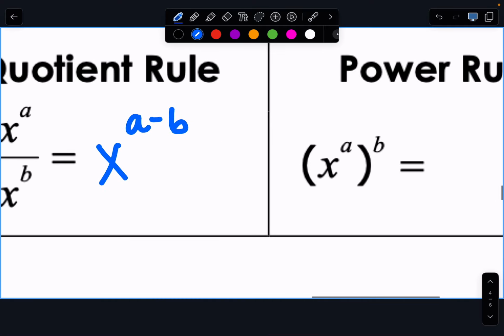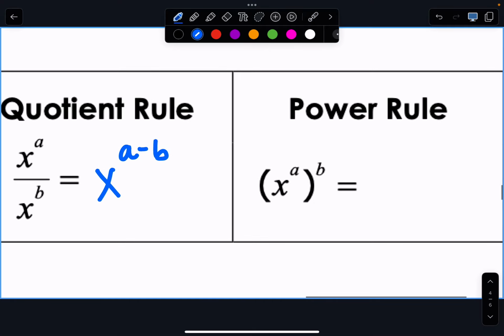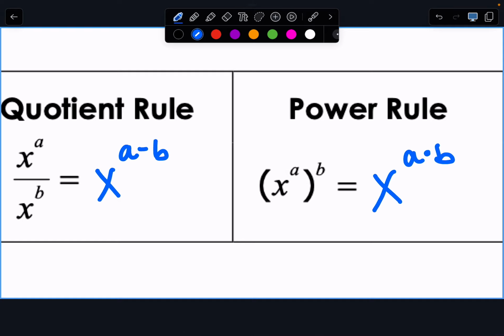And then if we have a power to a power, that is when we multiply our exponents together. Plus. This one's the minus.